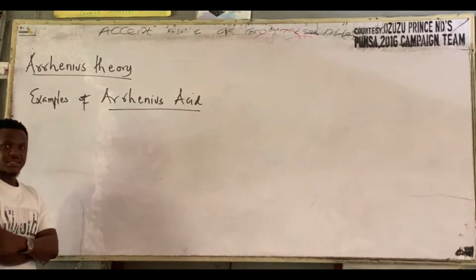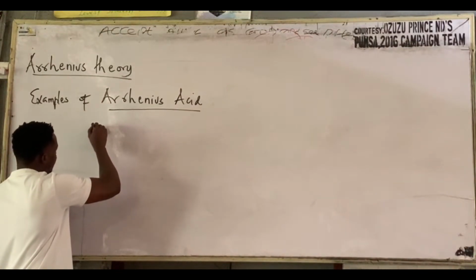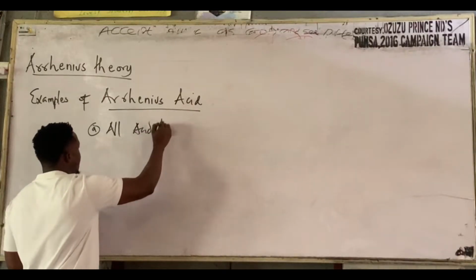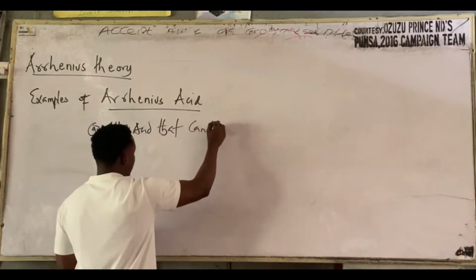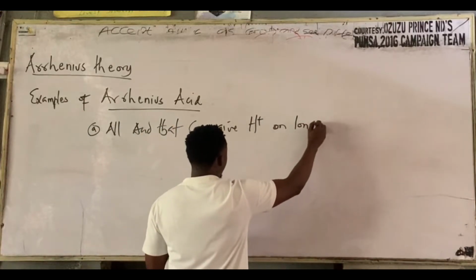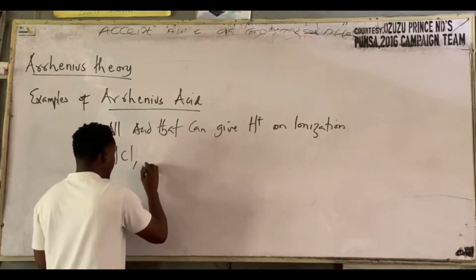Examples of Arrhenius acid. We have the first one: all acids that can give H plus on ionization, the likes of HCl.